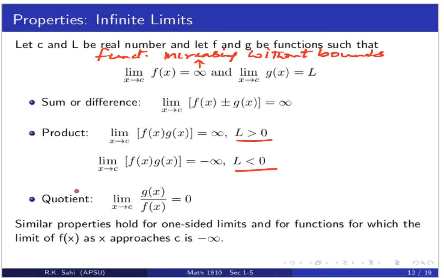Now if you have a quotient of these two functions with g in the numerator and f in the denominator, and the limit as x approaches c. Remember, if a function is in the denominator and it becomes very large, then the original function g over f will become very small. It will approach 0.